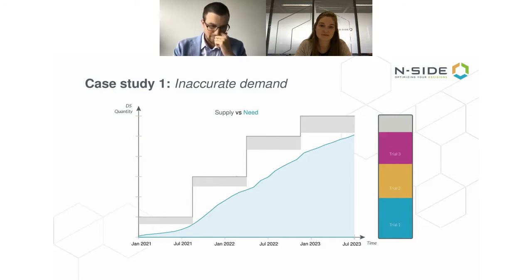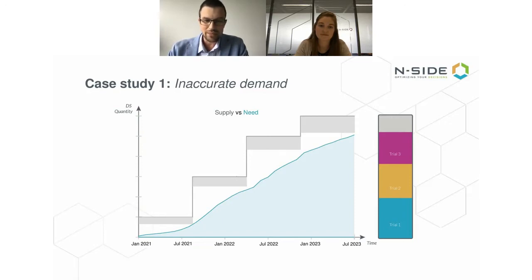And so we built this type of supply versus needs curve. That's a very commercial supply chain type of graph for those of you that haven't seen it, where here in blue you have the needs, so the demand in terms of IMP for the different studies, and then in gray you have the supply where you can see your different batches coming in at different points in time.